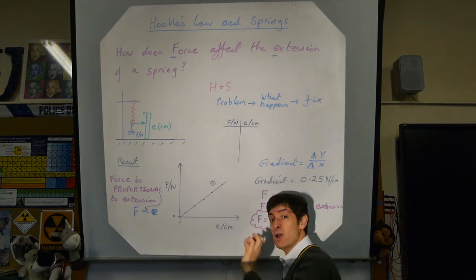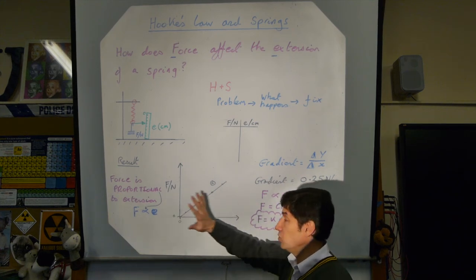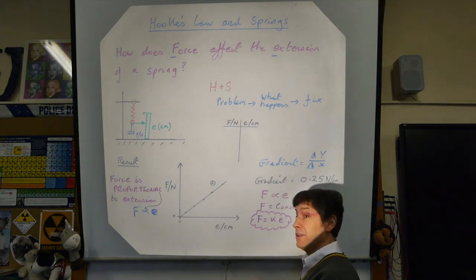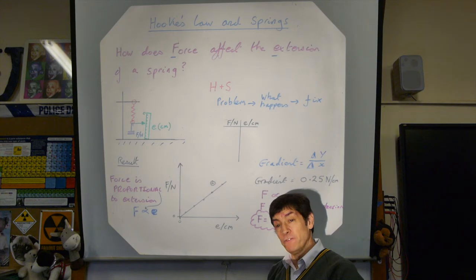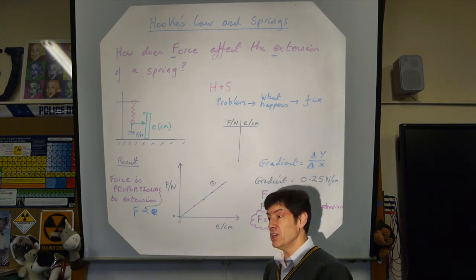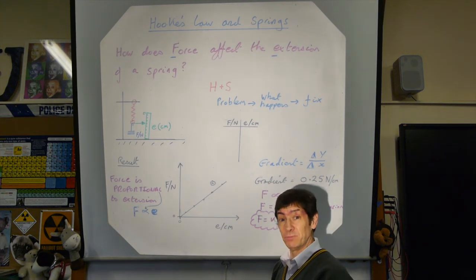And the very moment it begins to curve, none of this is true. It's not proportional. It's not obeying Hooke's law. We've gone past the elastic limit. And they often ask you to draw that in exams. And if you go past the elastic limit, you have permanently deformed or permanently damaged that spring.